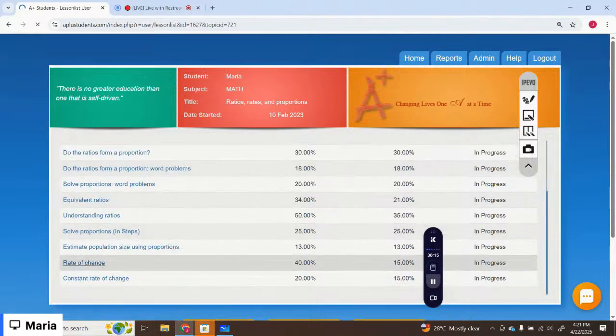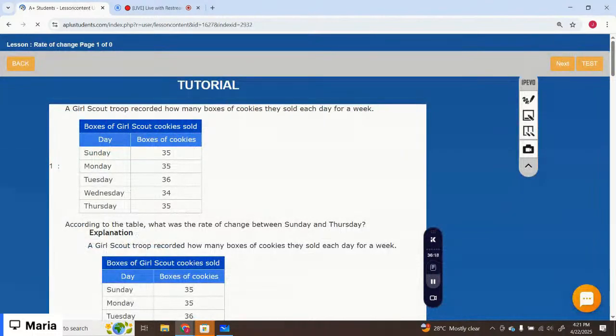The next lesson is rate of change. Let's just start with the test questions.